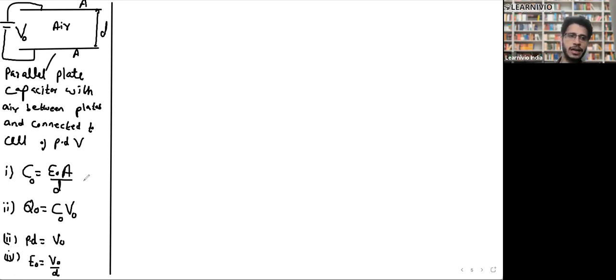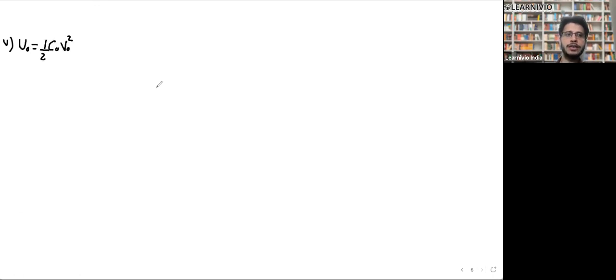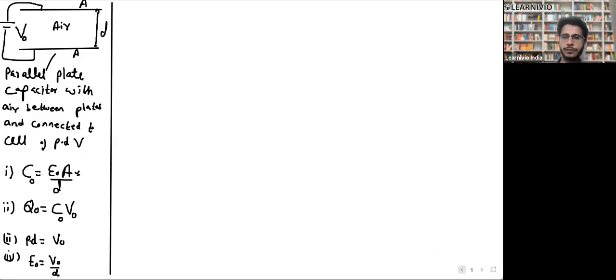Usually this data is given, like you know that capacity of a parallel plate capacitor with air between the plates is epsilon naught A by D. Potential difference is the potential difference of the cell. Charge stored is C naught V naught. Electric field is potential difference divided by separation. And energy stored is half C naught V naught square. This is the given condition.